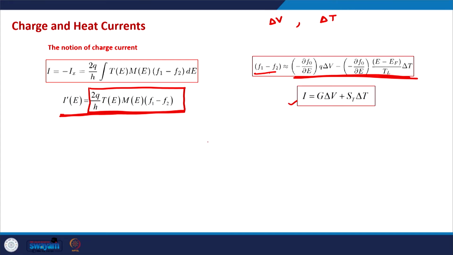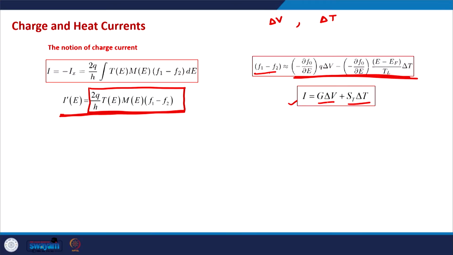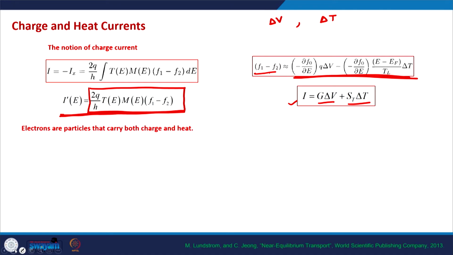So this is the most general form of the charge current, both in presence of voltage difference and temperature difference. Both of these terms need to be taken into account, and we will discuss more about it in coming slides after a few minutes. But let's take a pause and define the heat current as well.